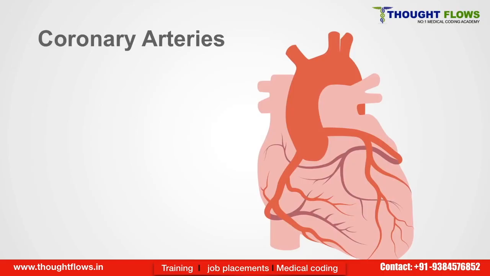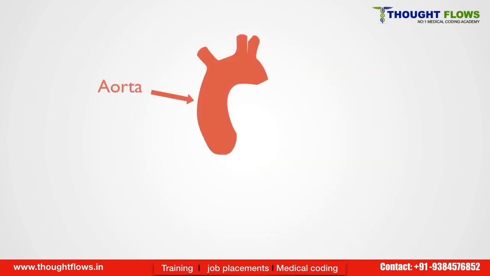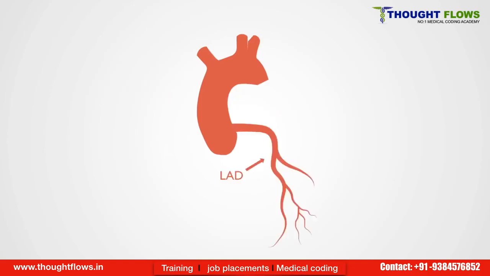Now we'll see the organization of coronary arteries. The aorta is the largest artery and supplies oxygenated blood to the body. It gives up two main branches called the right main and left main coronary arteries. The left main artery bifurcates into the left anterior descending artery, which supplies the front and bottom of the left ventricle and the interventricular septum.